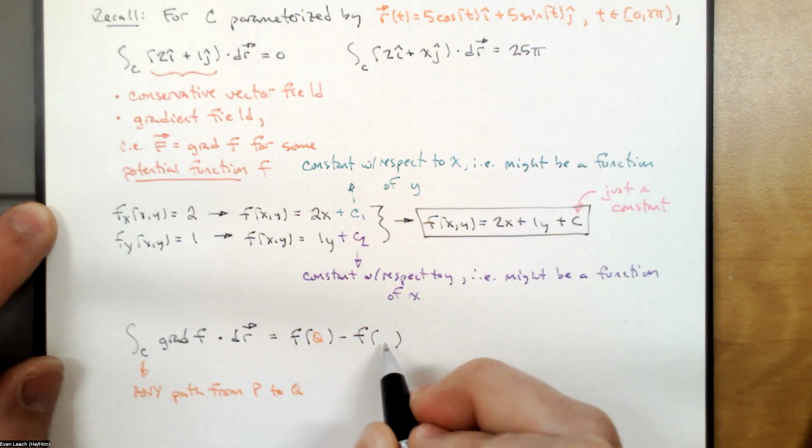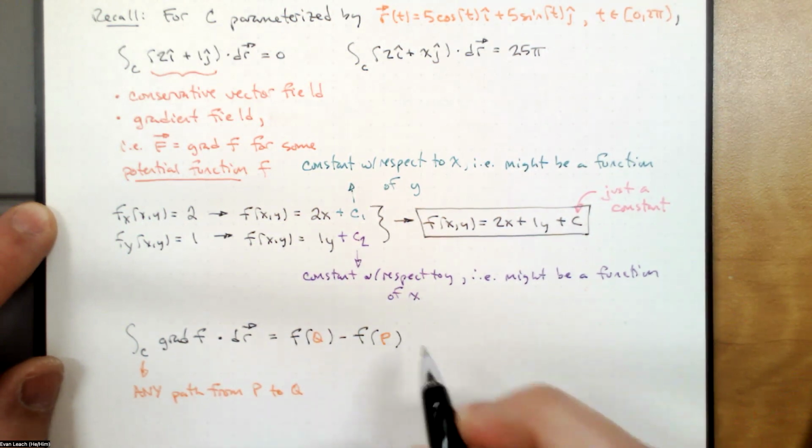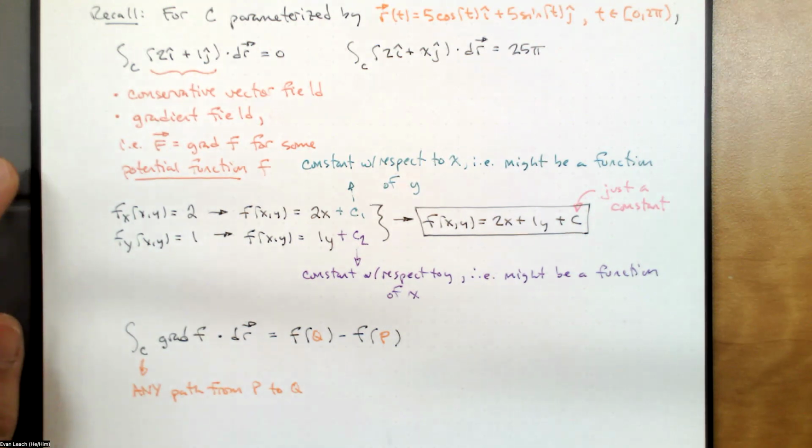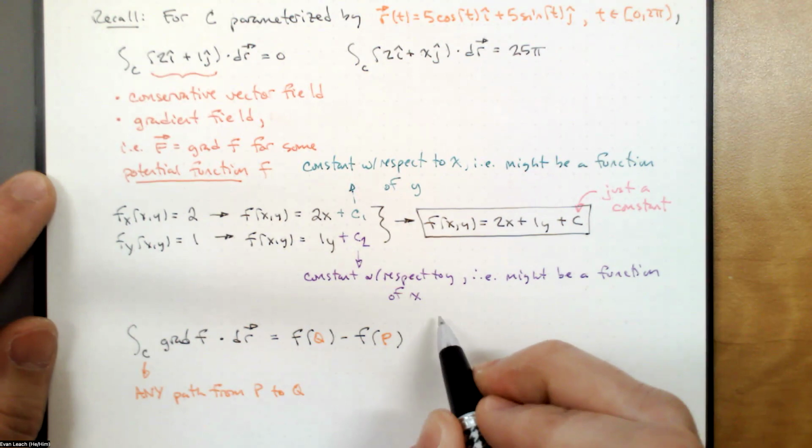Where we ended up on the potential function minus where we started on the potential function. This is the fundamental theorem of calculus for line integrals, sometimes known as the gradient theorem.